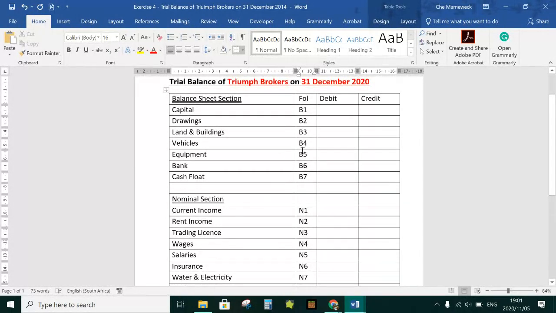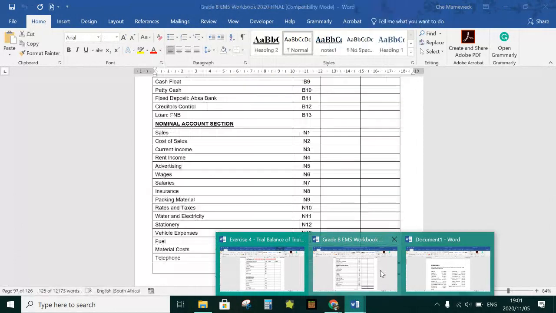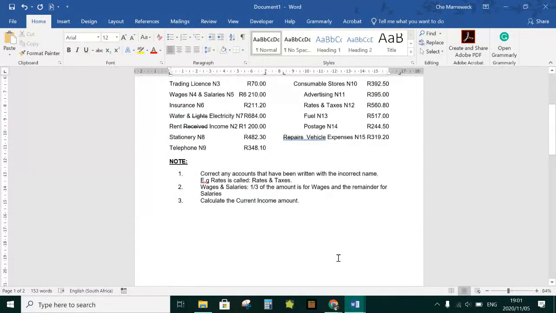Then we need to decide for each account, is it going to go in debit or in credit? So we've got our rule. I'll just write it down here. Debit: expenses, assets and drawings. Expenses, assets, drawings are debit.